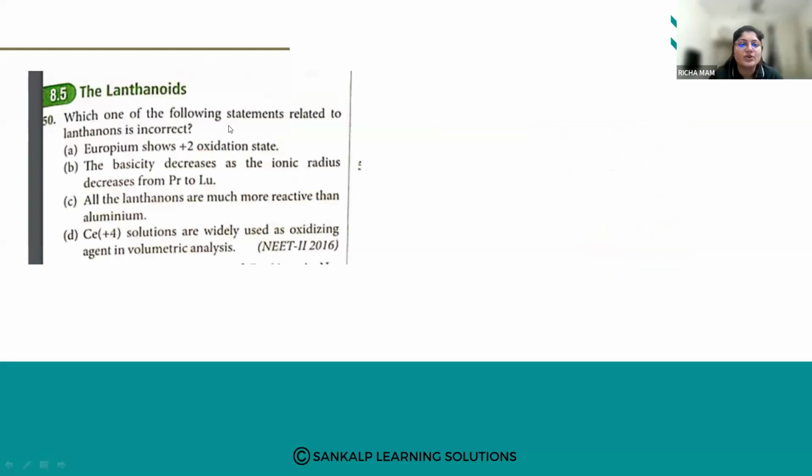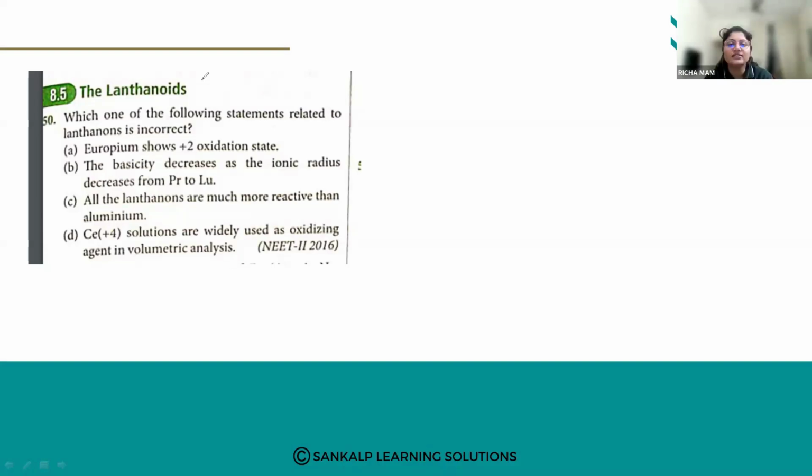Which of the following statements related to lanthanoids is incorrect? Europium shows +2 oxidation state. The basicity decreases as the ionic radius decreases from Pr to lutetium. All the lanthanoids are much more reactive than aluminium. Cerium +4 solutions are widely used as oxidizing agent in volumetric analysis.